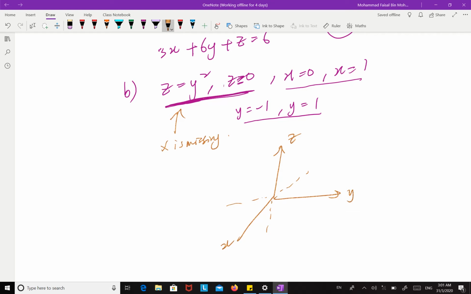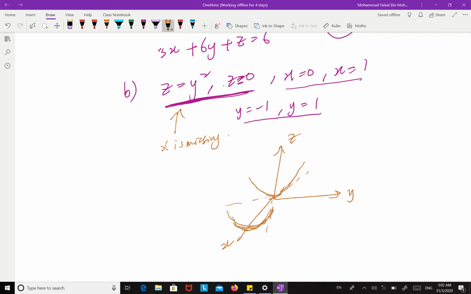Z equals to Y. So see, Z and Y axis, Z equals to Y squared, which means you have to draw somehow. My drawing is bad, but I hope you can accept. Okay, so it is project through X, so you just draw another one to X.